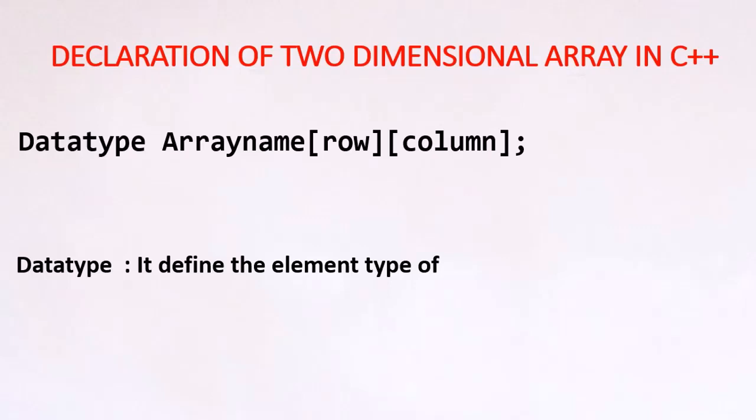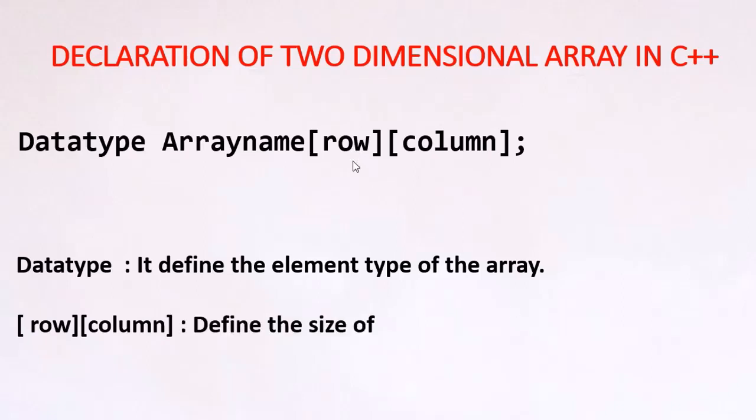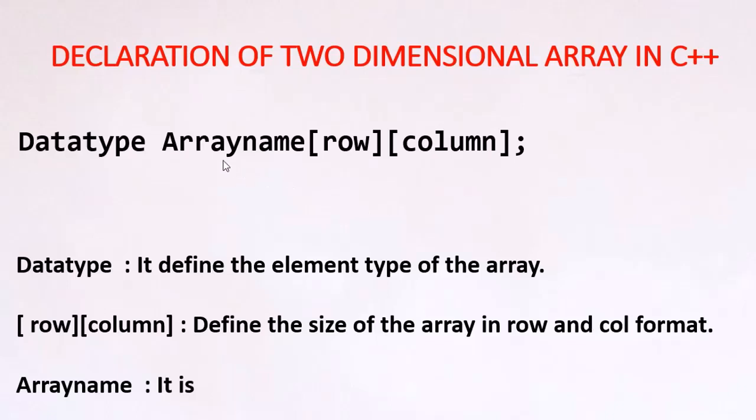It defines the element type of an array, isn't it? And then the pair of brackets are there. Row and column are for the row limit and column limit, isn't it? How many rows and how many columns we want to display, or how many rows and how many columns we want to store the data.